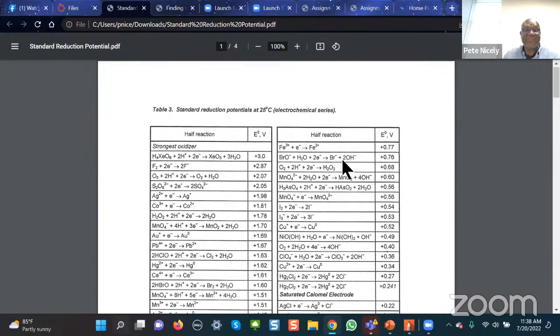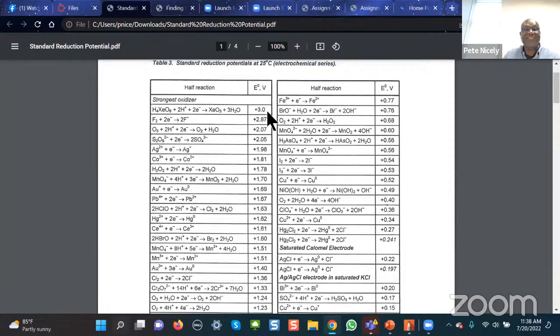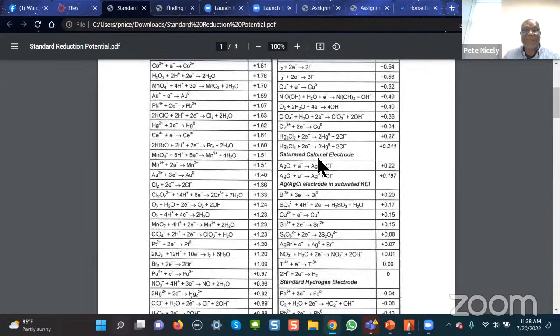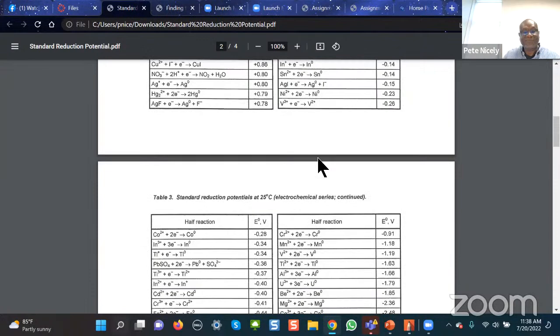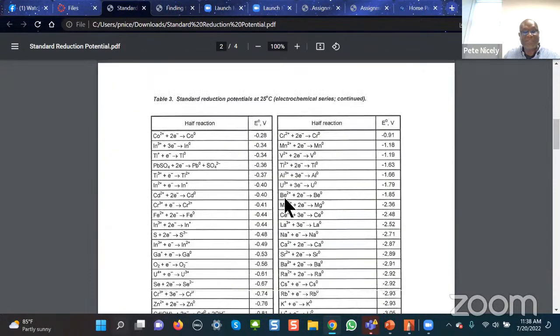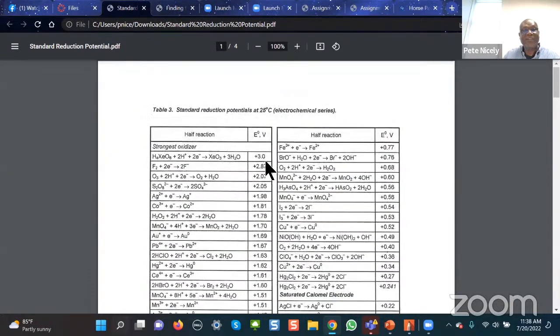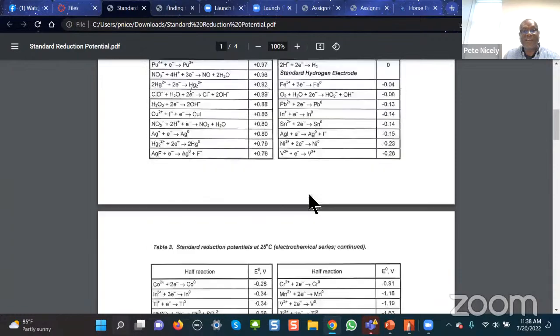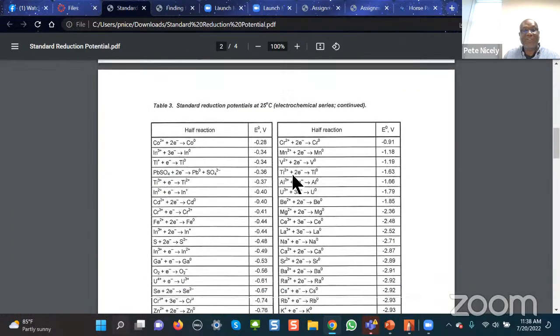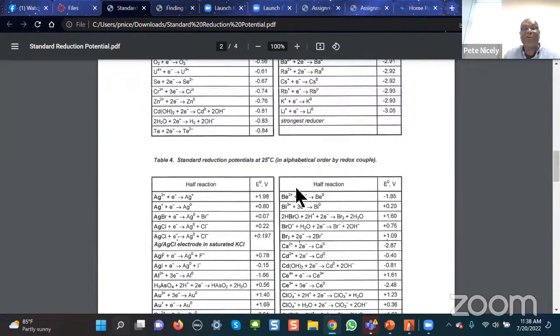So this gives you different half equations and their standard reduction potentials, right? And if I remember correctly, this table, okay, table 3, table 4. Oh, okay.